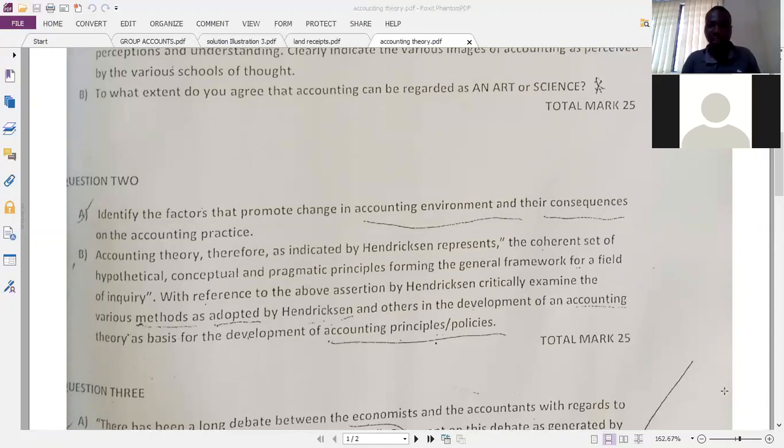Whilst the management are looking at ways and means to maximize their wealth, the owners are also looking at ways and means to maximize their wealth. These are the two main variables these people base on to formulate their theory. So if they are going to bring in any accounting theory, it will be based on the agency theory.